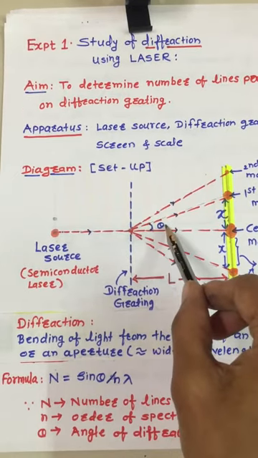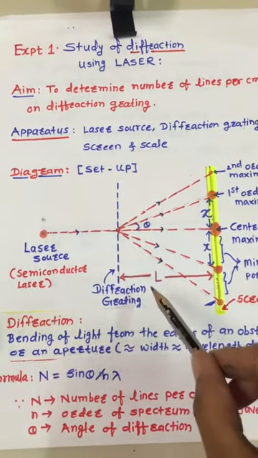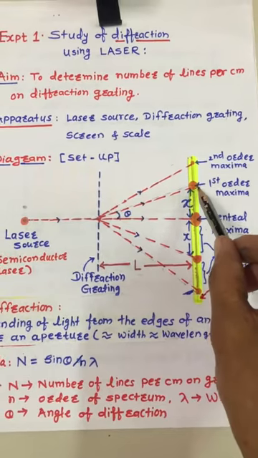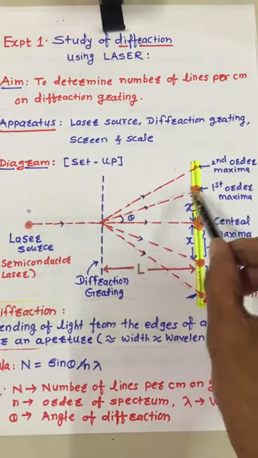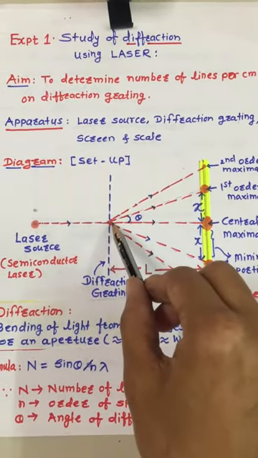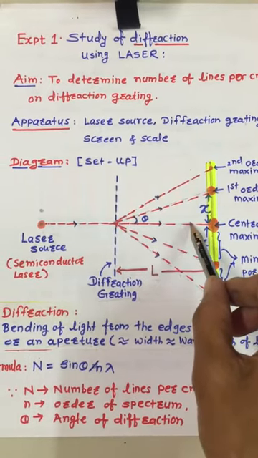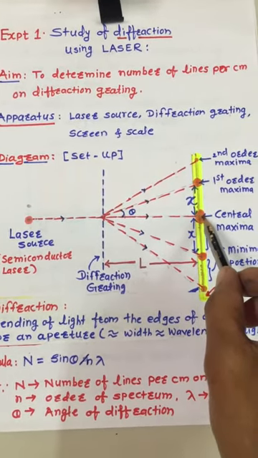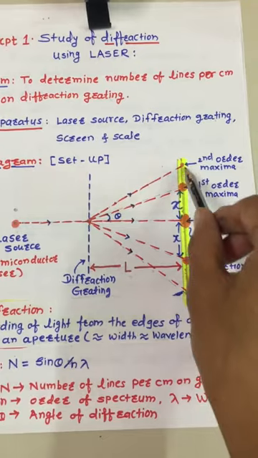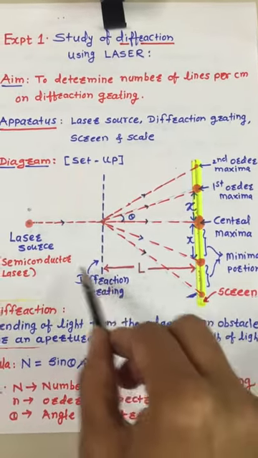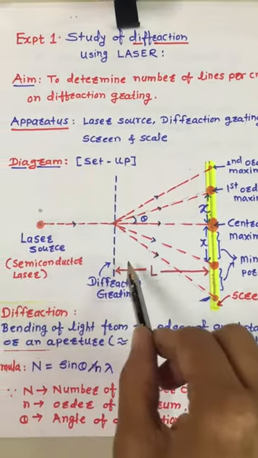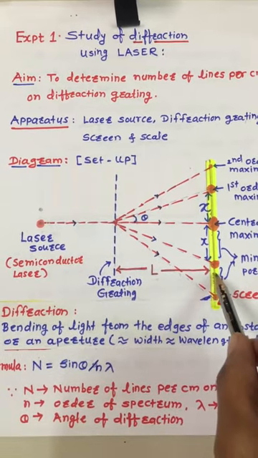Let theta, as an example, be one angle of diffraction, which gives us the first order maxima. Some light travels undiffracted, unbent, and that light falls on the screen. This setup has the laser, grating and screen.